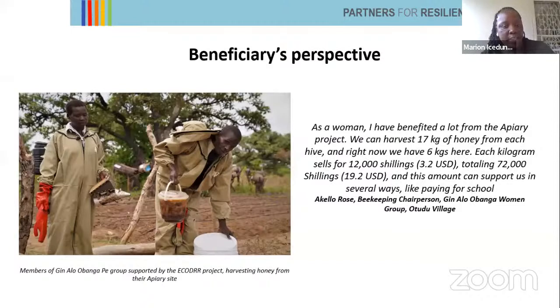And looking at the design, we're able to create hubs that can increase the production of the bees by integrating irrigation within the hub to grow flowering vegetables, but also to bring protective gear that can encourage women to be a part of this.